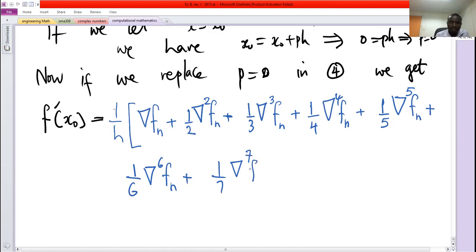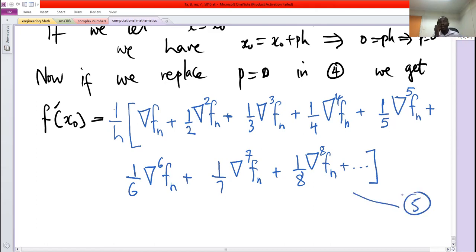You can write as many terms as you like, because there's already a pattern. Plus other several terms. So call this one formula 5.